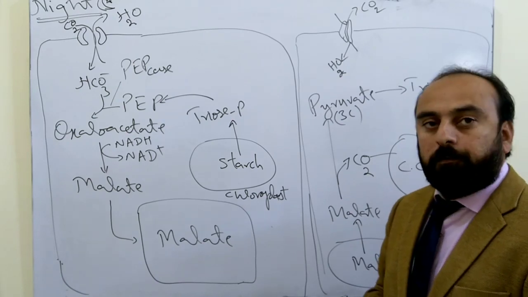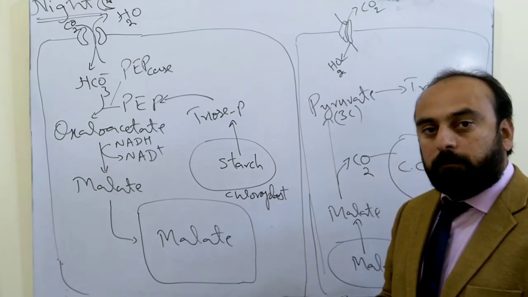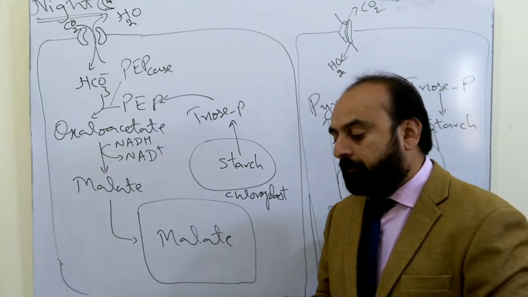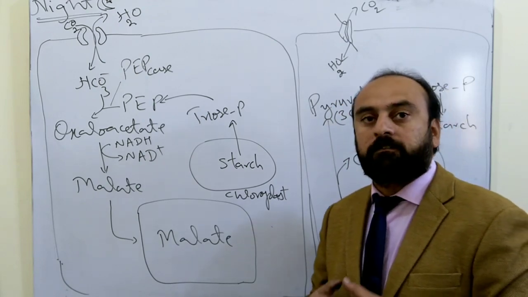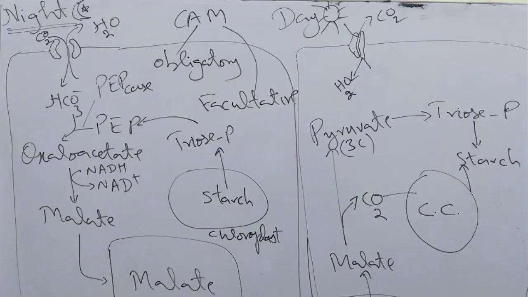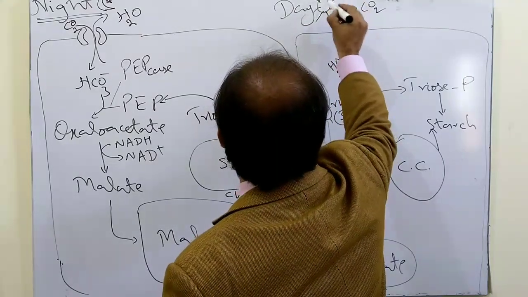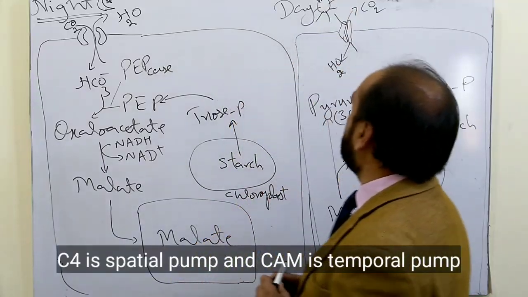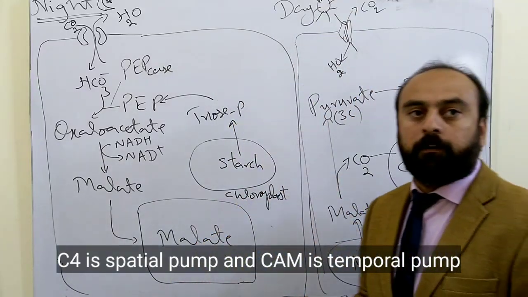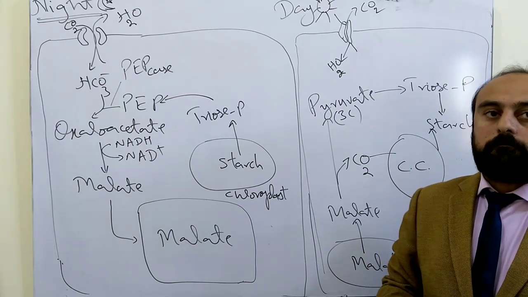As I told you before, C4 is a spatial pump in which carbon dioxide is concentrated through mesophyll and bundle sheath cells, whereas CAM is a temporal pump in which stomata remain closed during daytime and open during night time.